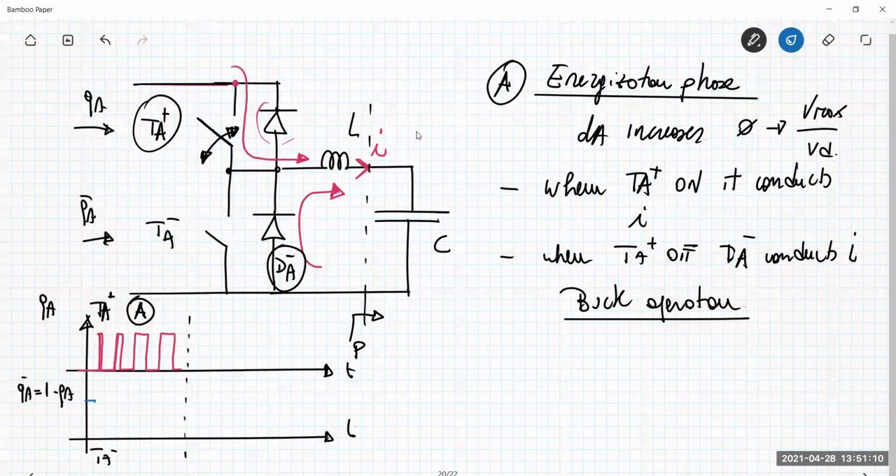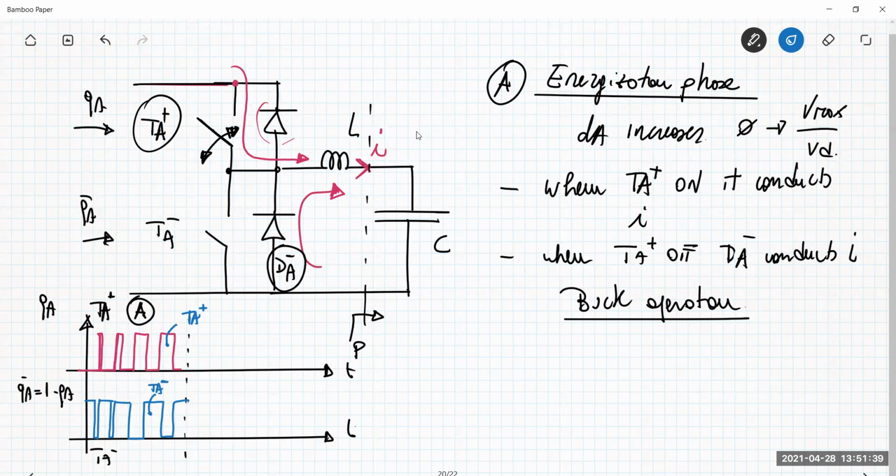It is in a totally complementary way, so it is symmetrical. Something like this, okay, is 1 minus Qa. So when the unity switching function is 1, for example here, Ta plus is on, and when this is off, Ta minus is on. Okay, so this happens in this situation, buck operating mode.